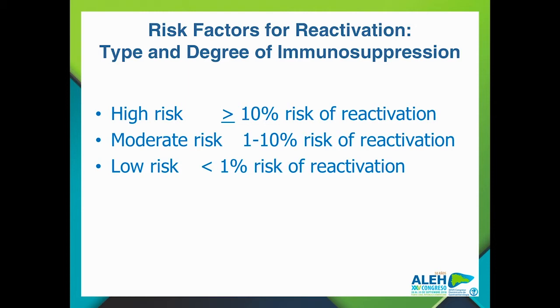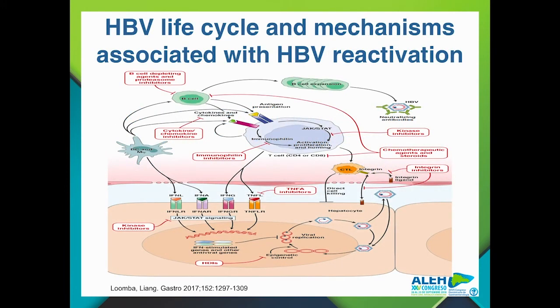We define or divide risk of reactivation into 3 different groups: high risk, which would be a greater than 10% risk of reactivation, moderate between 1 and 10, and low risk, which would be less than 1%. Right? And that's very important. Why? You've seen a similar slide earlier presented by Dr. Locke, but the body has a very complex way of controlling the immune response elicited by the hepatitis B virus.